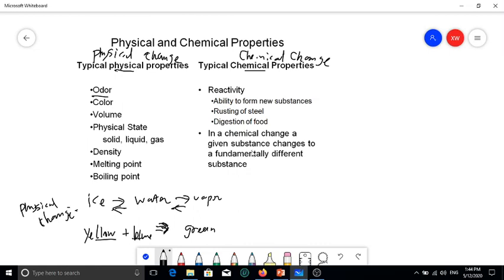Now, what is a chemical change, or how do we know whether it's a chemical change or not? The essential difference between the chemical change and the physical change is that the physical change does not change the chemical itself. For instance, the chemical composition of ice is H2O. The chemical composition for water is also H2O. The vapor of moisture is also H2O.